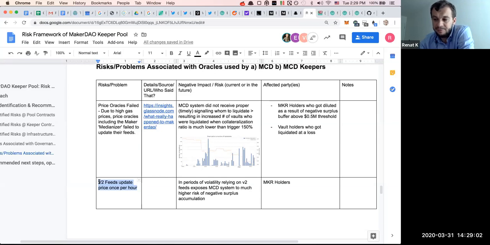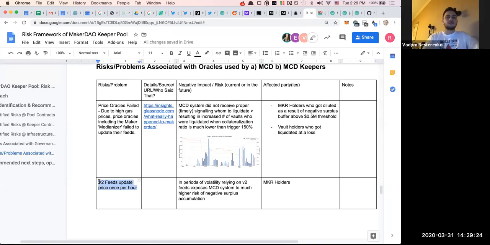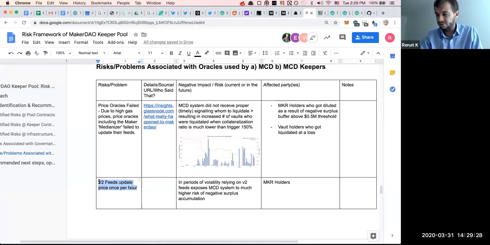And enough time for keepers to start their activities, to have enough competition? Or indeed there is a relation between 1 hour and 1 hour. The 1 hour delay is not out of the blue, it wasn't set arbitrarily, it was exactly set because the price feeds update once an hour.